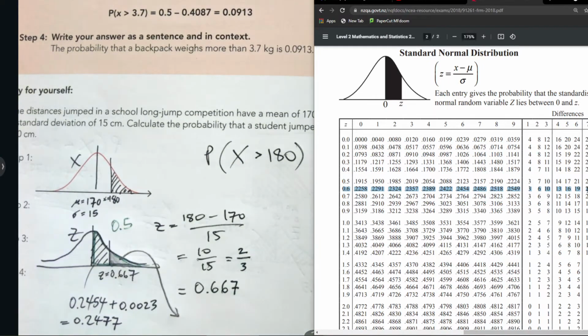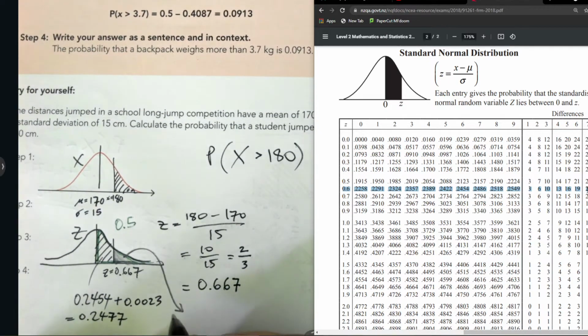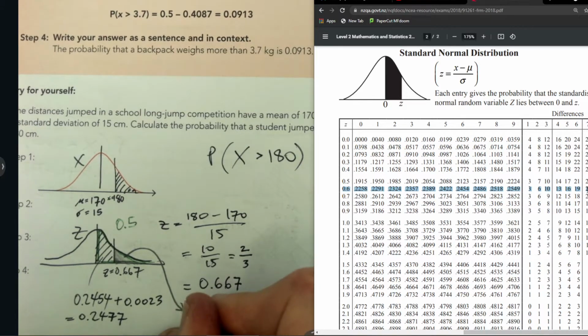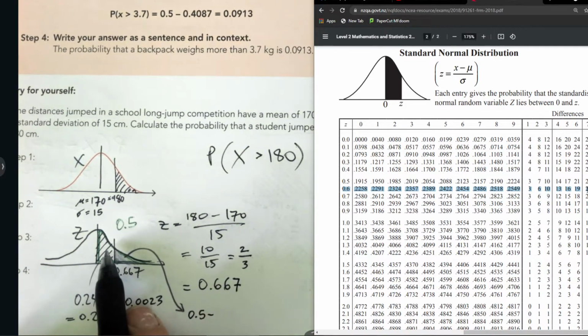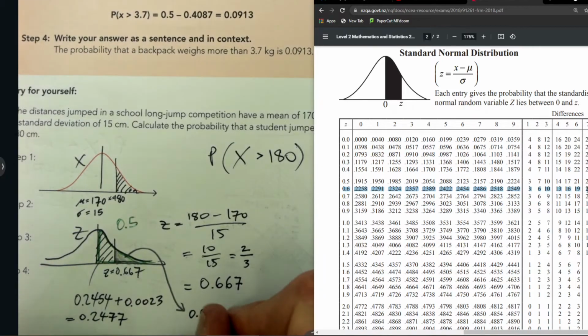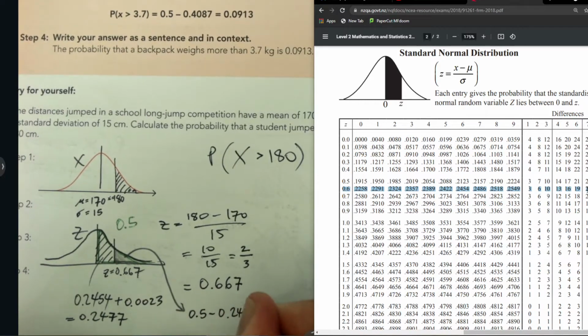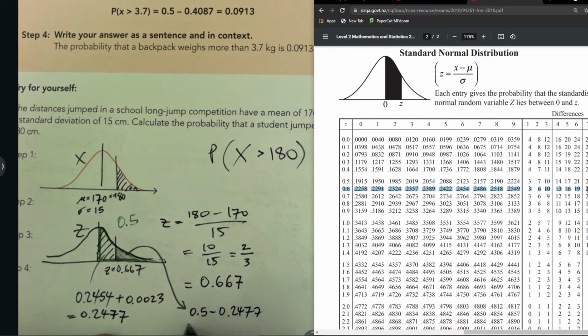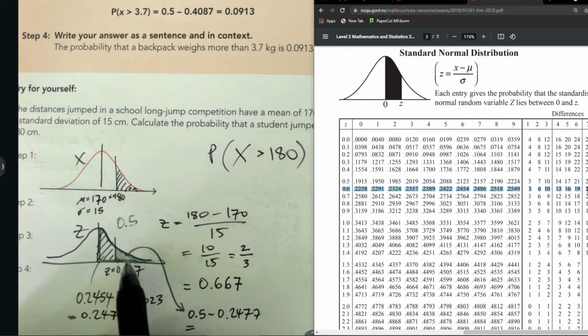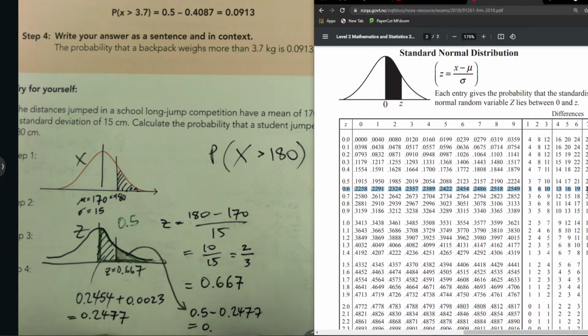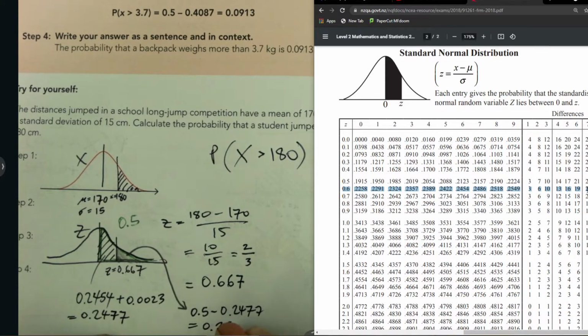Now, what we're going to do is take that 0.5 and minus off what this area was, which is 0.2477. Then that will tell us what's left in the pencil shaded bit. So that's going to be 0.2523.